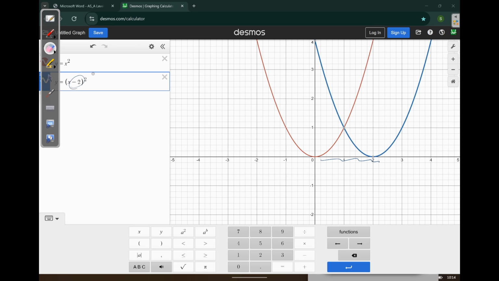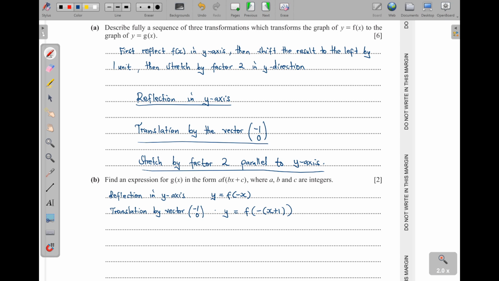So if I put a negative in here and it has shifted to the right, that means the translation vector here is 2, 0. That means this one, when it goes where x is in the function, it changes the sign. You see that? That is why when I'm writing here, the -1 now comes where x is, I change its sign, it becomes a positive. If this one were positive, then this one would have been a minus in here.